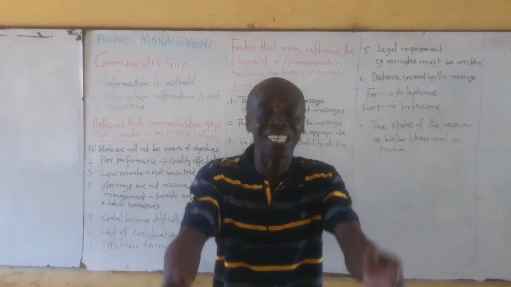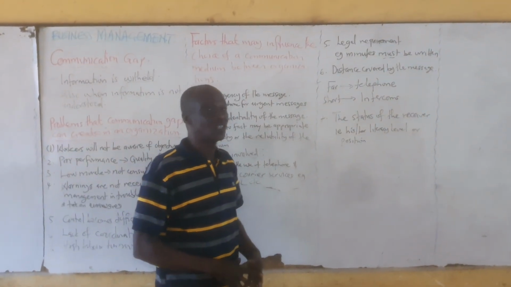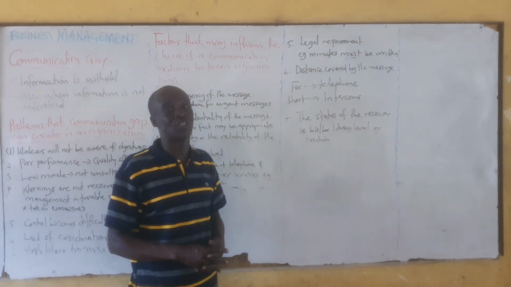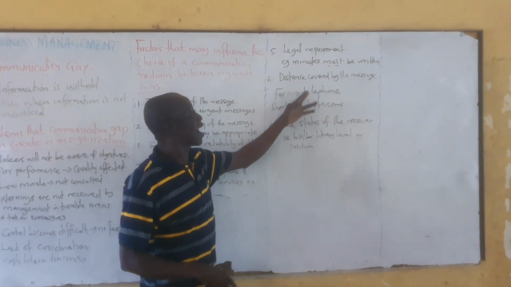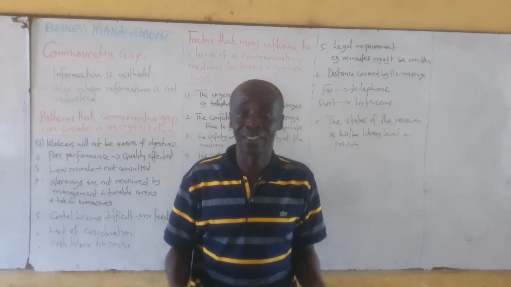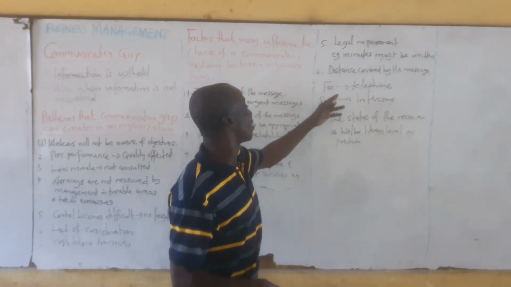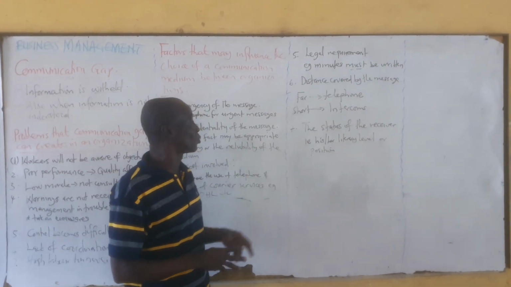There are some facilities that you can use to communicate. They are the intercoms. So if the distance is short within the same organization, the intercoms can be used. Then for far distance too, for now, you can even use emails, because the moment you send it, it goes. So for far distance, you look at the distance involved and you decide what you want to use.